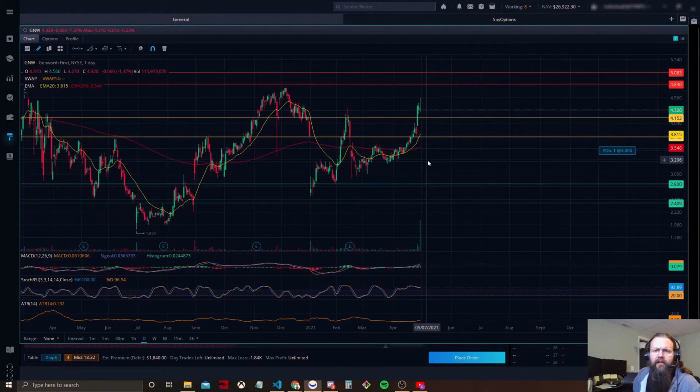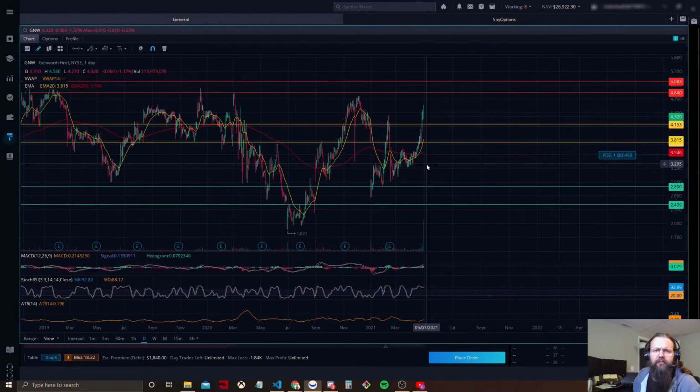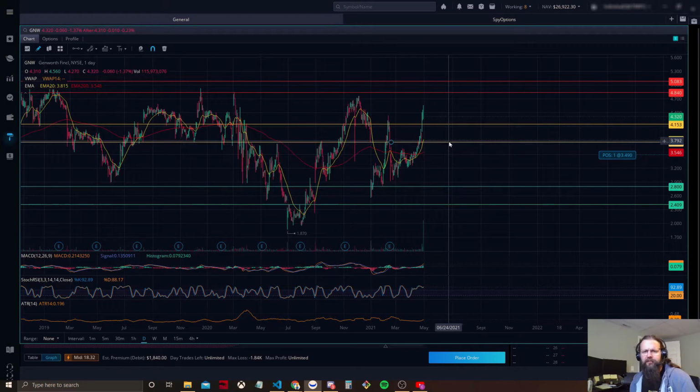So, now that I've talked about some of the methods I used, I have a few things already drawn on this chart. I have a position of 1 on this stock because I got it for free from Webull. Not sponsored, by the way. Just the platform I've been using.